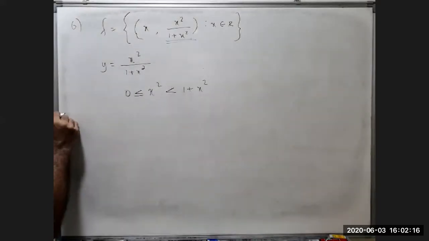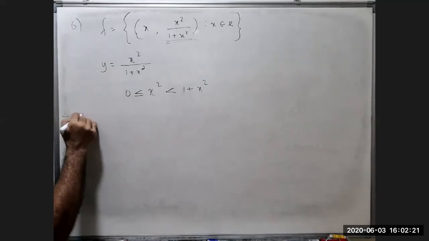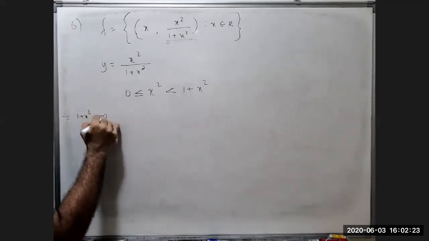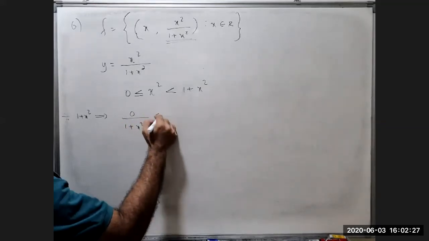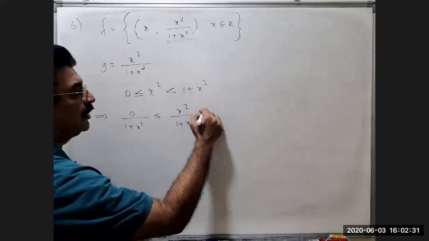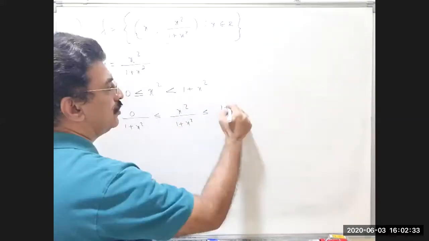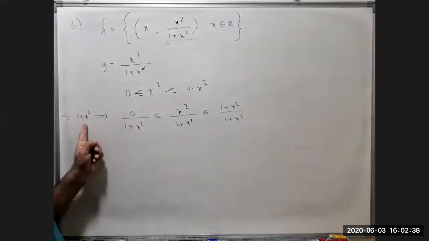Now, if you are dividing by 1 plus x square: 0 by 1 plus x square is less than or equal to x square by 1 plus x square, which is less than 1 plus x square by 1 plus x square.